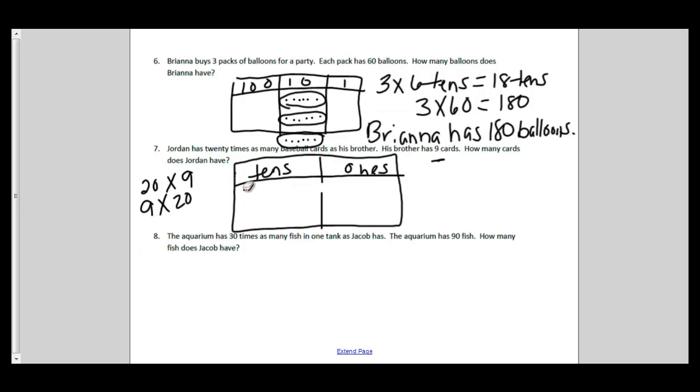All right, so here's the 20. Here's 20, and I've got to do that 9 times. So that's 1, 2, 3, 4, 5, 6, 7, 8. That gets tight.